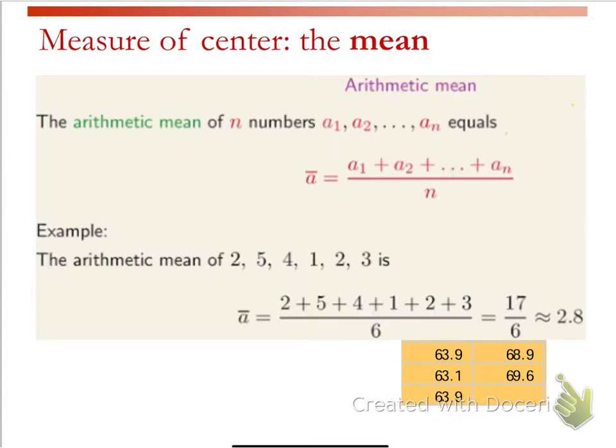As we can see in this example, the arithmetic mean or the average of n numbers. For example, instead of x, I'll have a, so a1 instead of x1, and instead of x bar I will have a bar. Instead of x1, x2, I have a1 and a2 and so on.